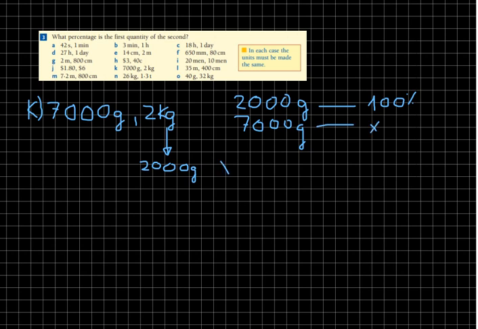In order to solve that, I must multiply 7,000 grams by 100%, and all of that must be divided by 2000 grams.